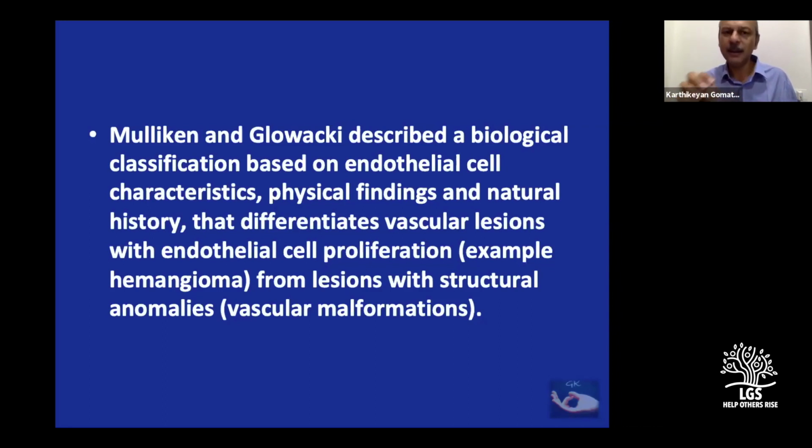But if it is more on the base or more on the head region, you cannot do a plate and screw. Then we talked about external fixator. External fixator is ideal, especially if there's an open wound and you need to give a flap or something. So external fixator is one good option. The next is K-wire. The problem with K-wire is, when you put in a K-wire, it will not prevent the collapse.